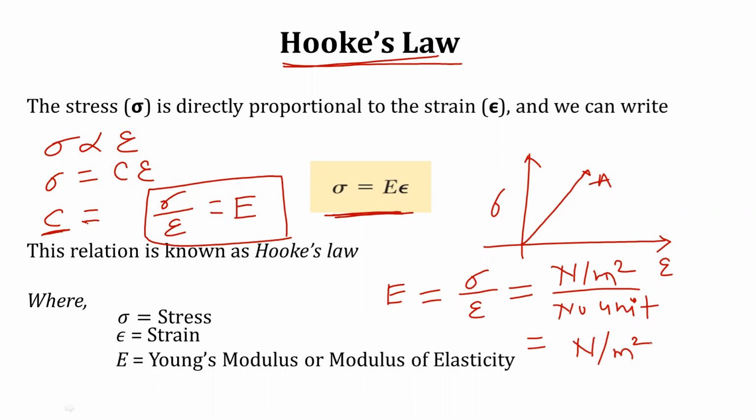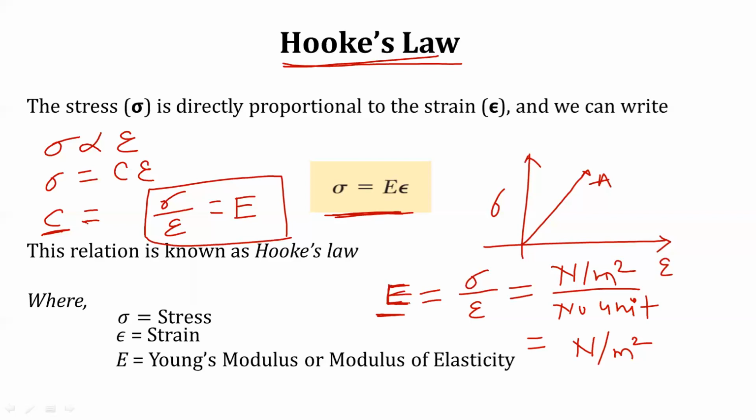Okay, now every material has its specific value of Young's modulus. This Young's modulus is one of the properties of the material, because property means that value for that specific material will not change. For aluminum alloy, the value of Young's modulus will be something different.